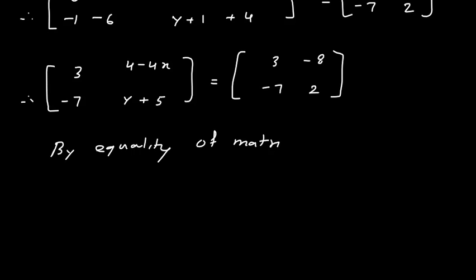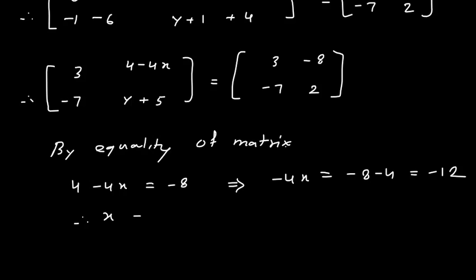This first element, 3 equal to 3, that is okay. The second, 4 minus 4x, is equal to minus 8. So from here we get minus 4x is equal to minus 8 minus 4, which is minus 12. So therefore x is equal to minus 12 divided by minus 4, which is 3. x is equal to 3 we got.